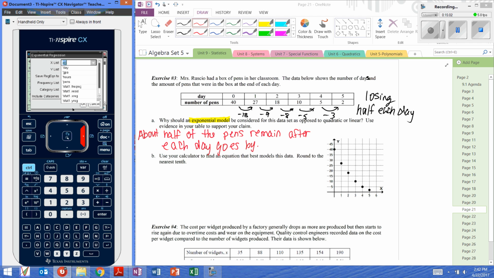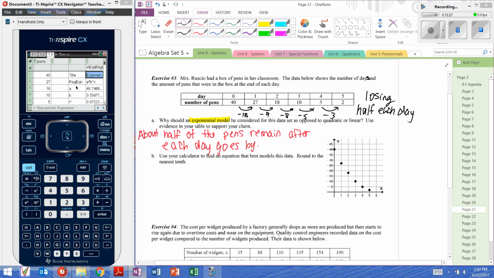Same thing, we pick the same list. So here we need, what are we looking at? Day. Oh, I passed it. Day for my X value, and for my Y value, we need pens. Hit enter again, or hit OK, and here is our exponential regression.